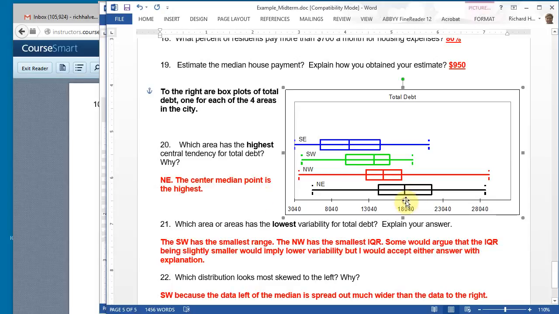It's right there. Okay, which area or areas has the lowest variability? Explain your answer. Okay, variability here can be measured by the total range, which is from the end of the whisker to the end of the whisker. That's a range. We can also look at this interquartile range here.